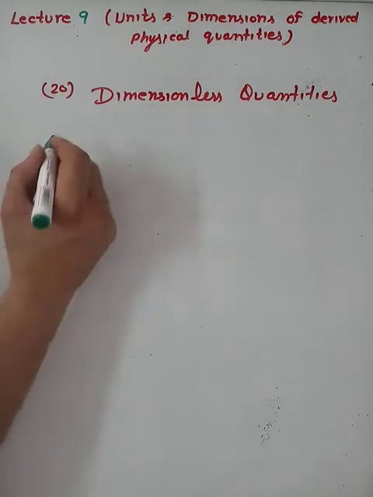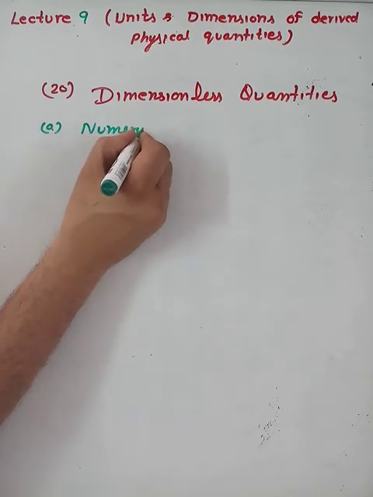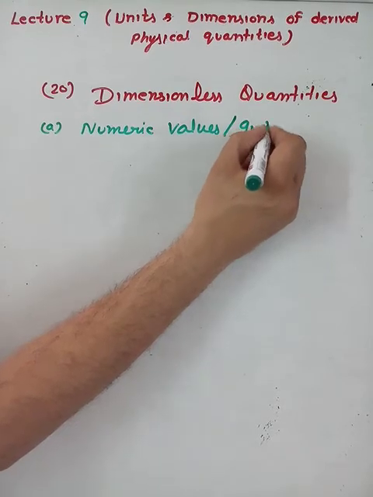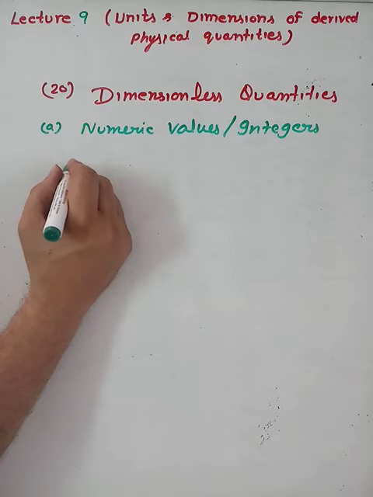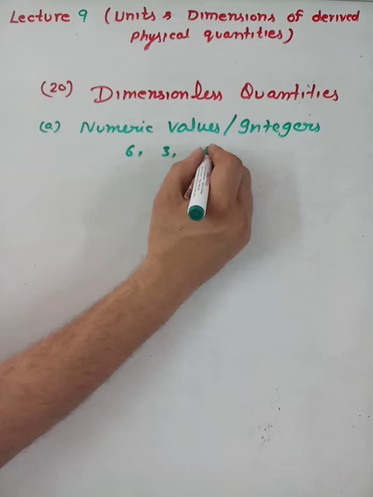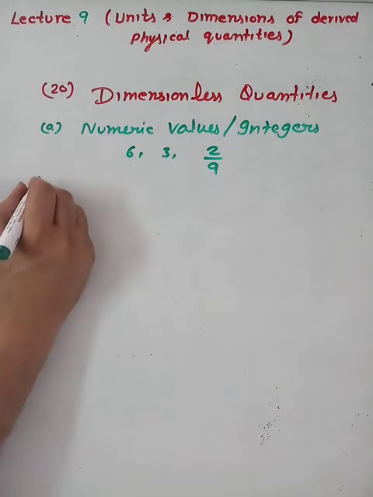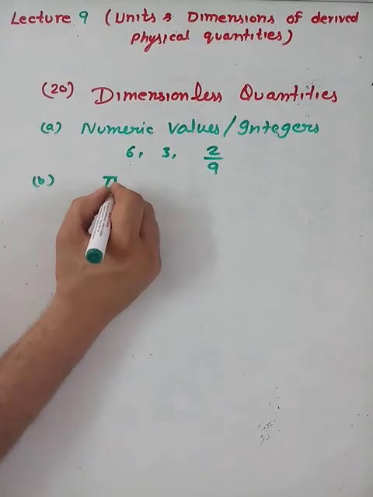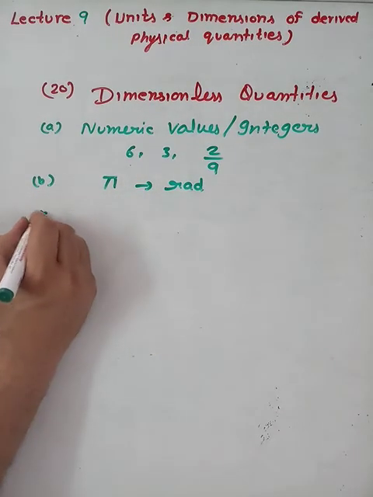All integers, all numeric values are dimensionless quantities. For example, 6, 3, 2 by 9, all are dimensionless. Pi, the value of pi, its unit is radian, but it is dimensionless.